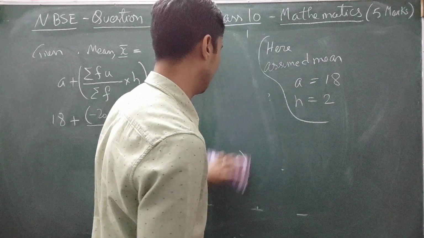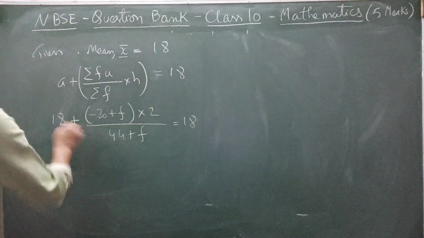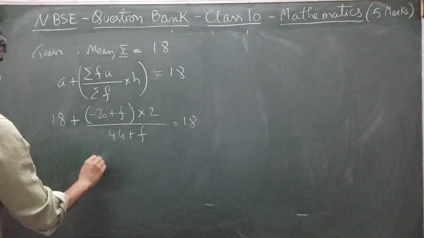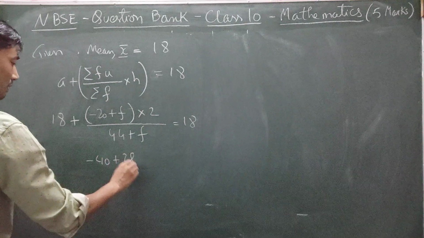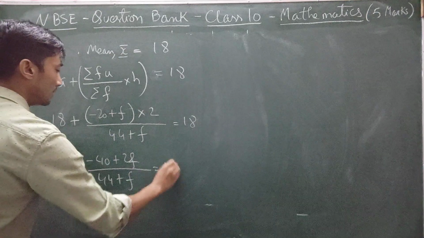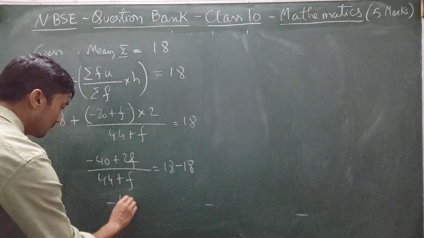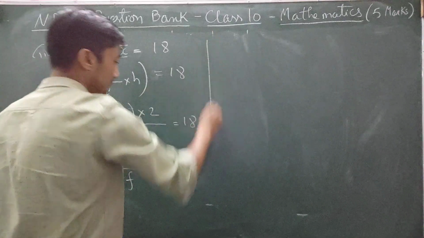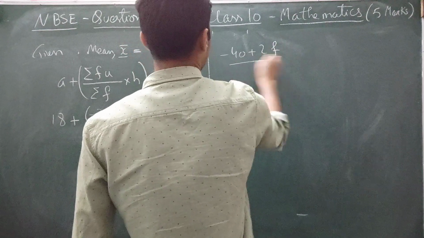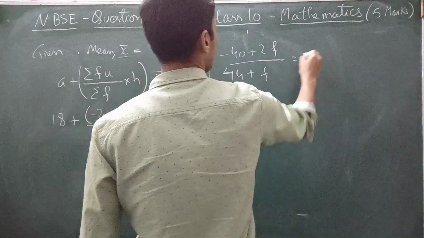Our job is to find f. Now 18 I'll take that side and this one I'll just multiply. Minus 40 plus 2f divided by 44 plus f is equal to 18 minus 18, 0. So minus 40 plus 2f divided by 44 plus f equals 0.